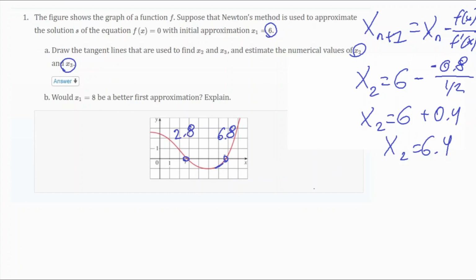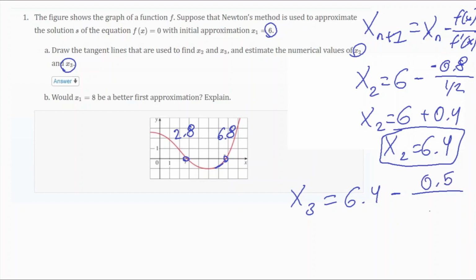And now we need to find x3. So we have x2, that's going to be our first part of the answer. And now x3 is going to be equal to x2, which is 6.4, minus f of x over f prime of x. So the y value at 6.4 is going to be around, we could say 0.5. It would be half, and then the slope at 6.4 would be we could say about 3/4, or we could actually say it's 1.